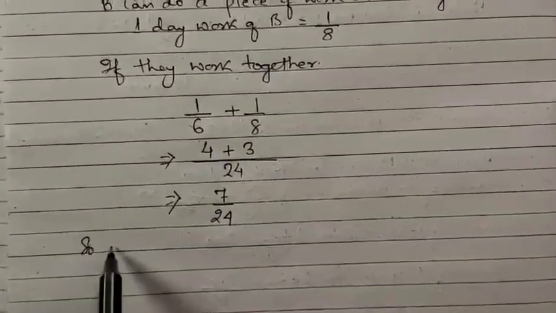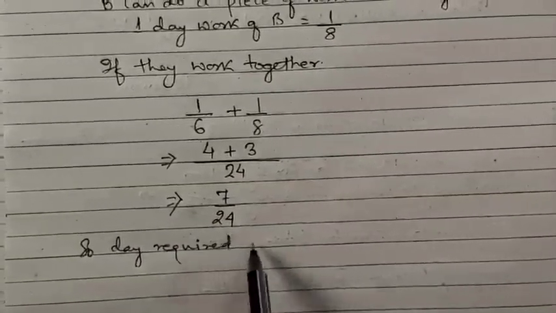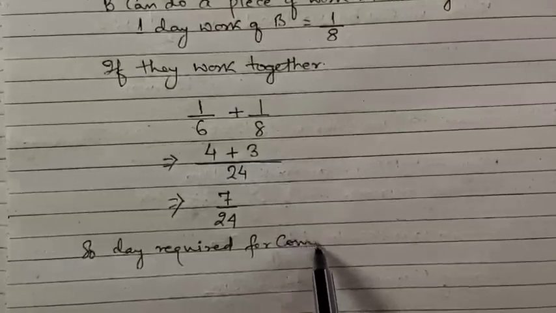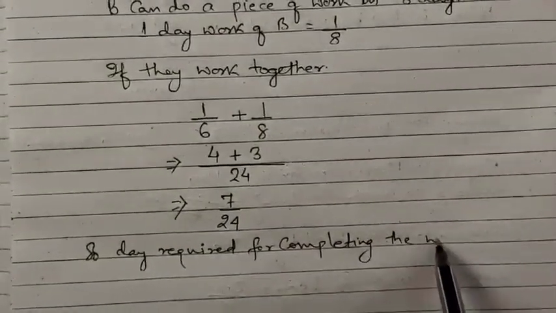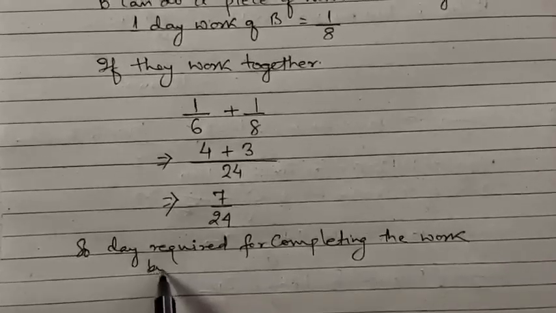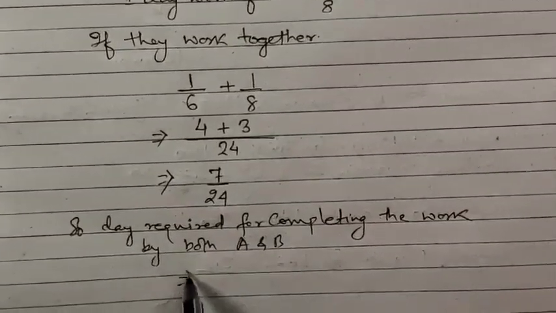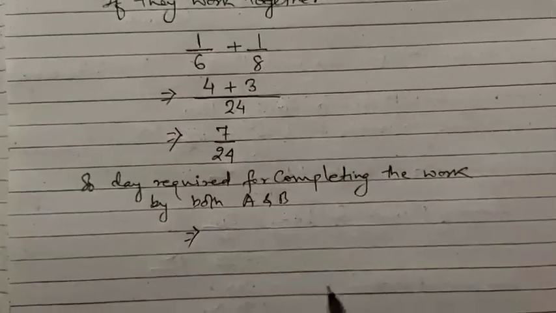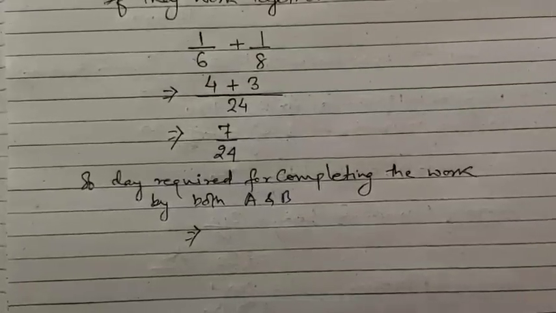So the days required for completing the work by both A and B. What we were doing earlier, for calculating one day work, we were taking the reciprocal of the whole days.